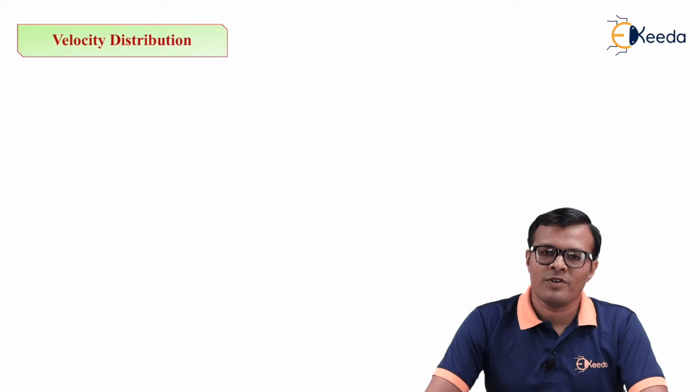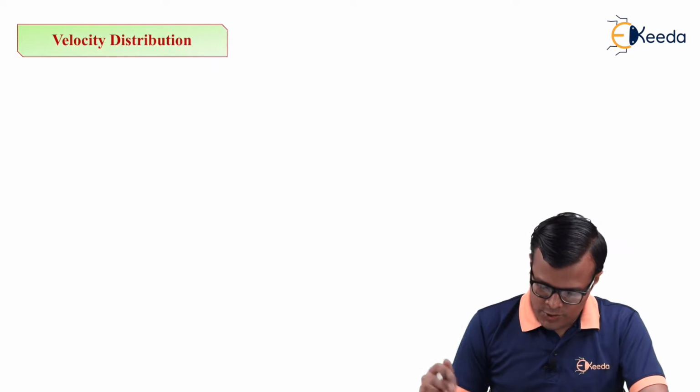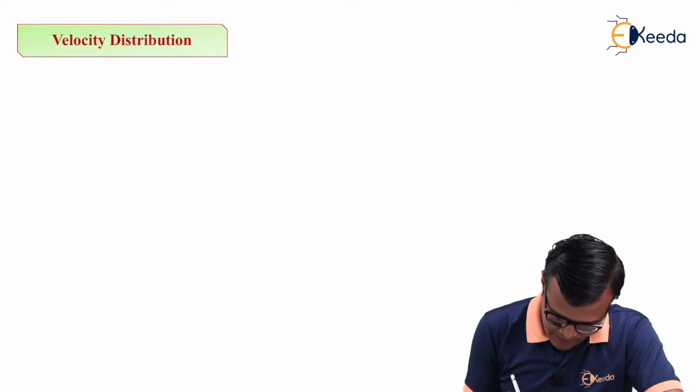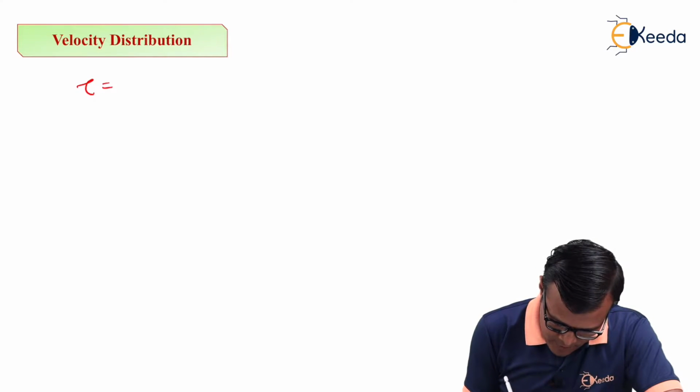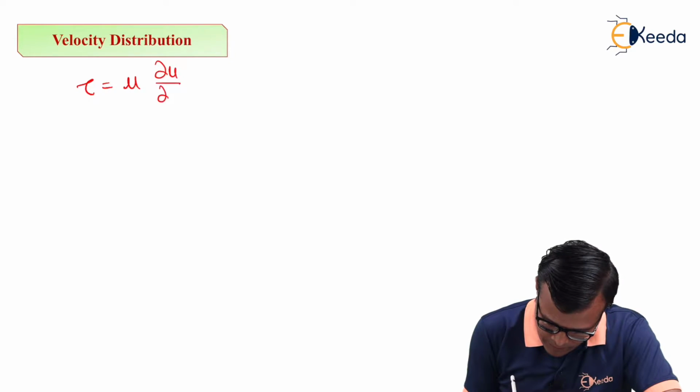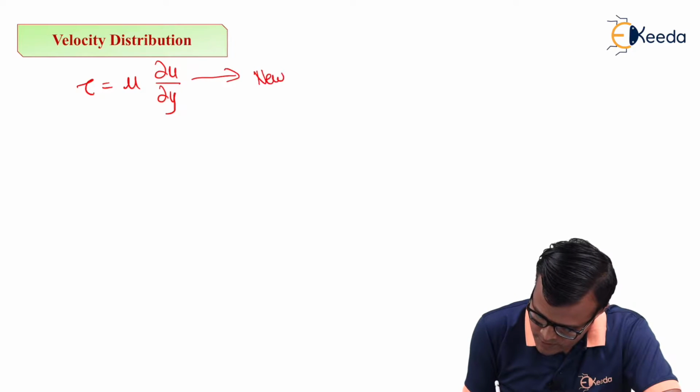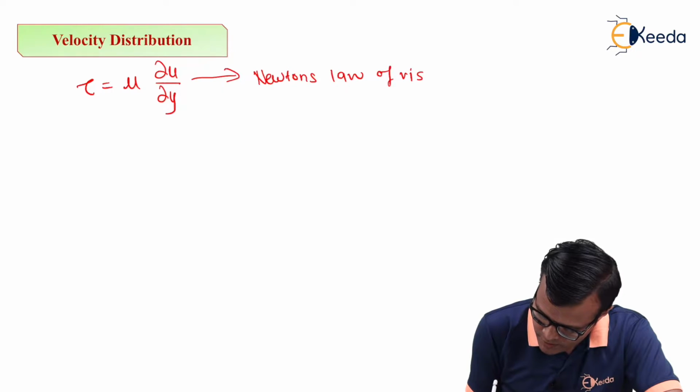To check the nature of velocity, we will start with Newton's law of viscosity. So we can write it as tau is equal to mu du upon dy, as per Newton's law of viscosity.